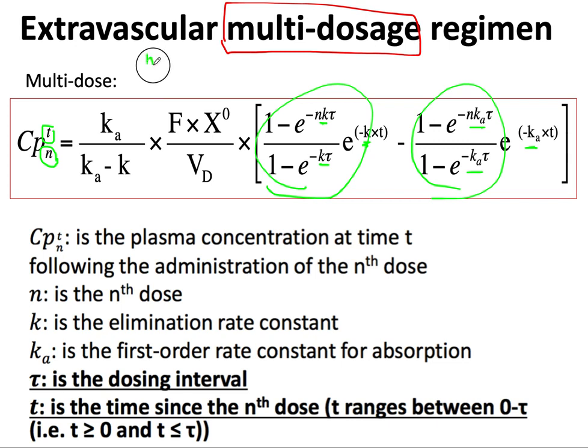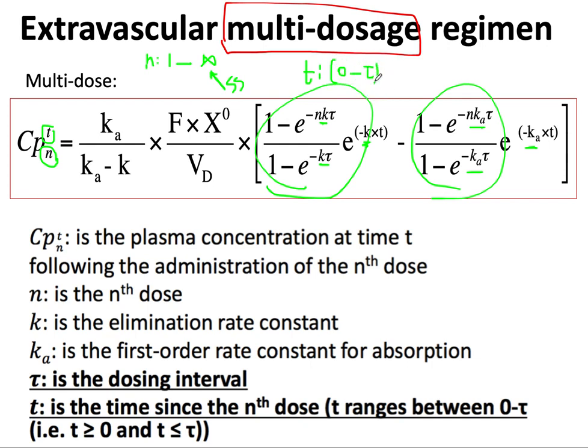And as we said, n ranges from 1 to infinity, which means a single dose up to a steady state concentration, and the time, which is the time since the administration of the nth dose, ranges from 0 to tau.